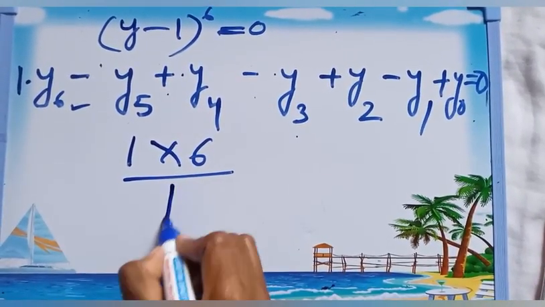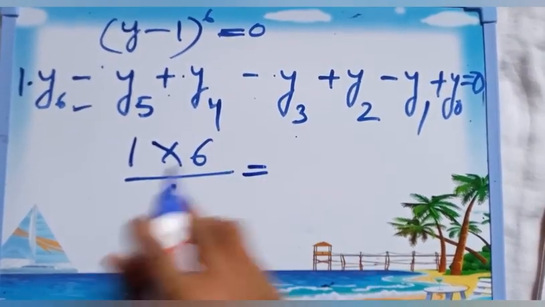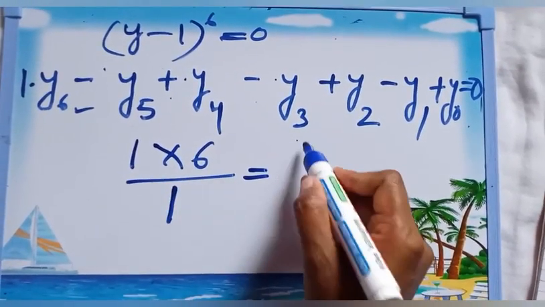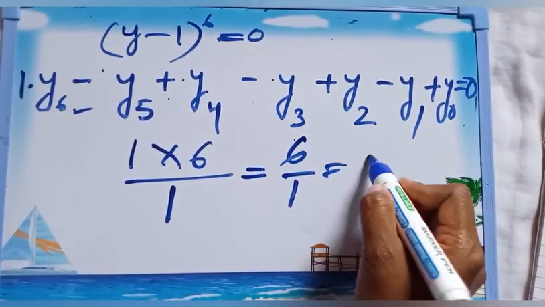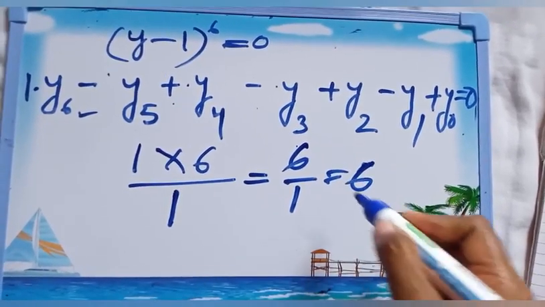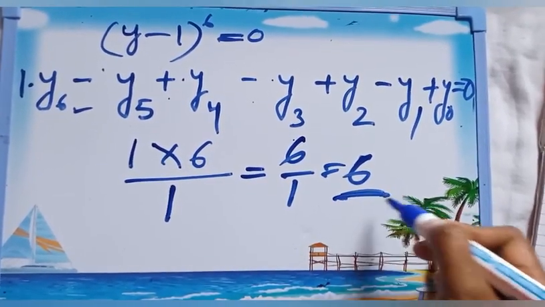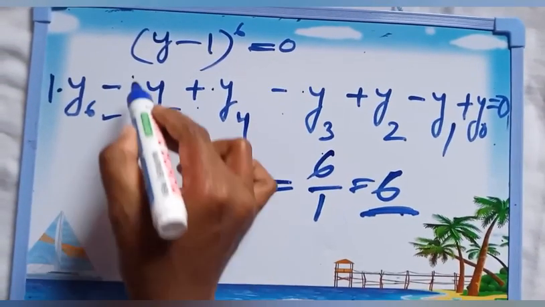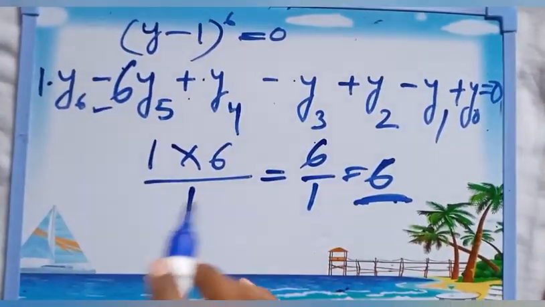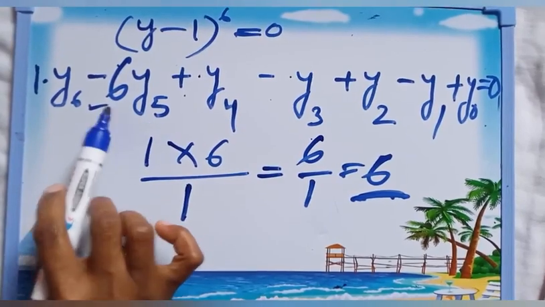Then you have to write 1. Then 1 into 6, 6 divided by 1, this will be 6. Okay, we got 6. This 6 we have to write here. This one is called the y5 coefficient.